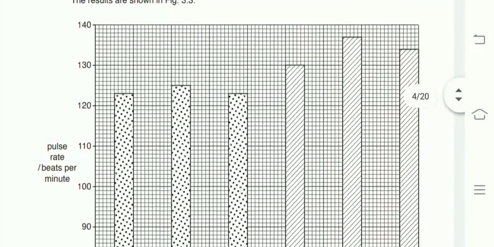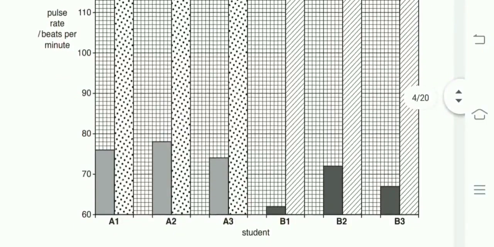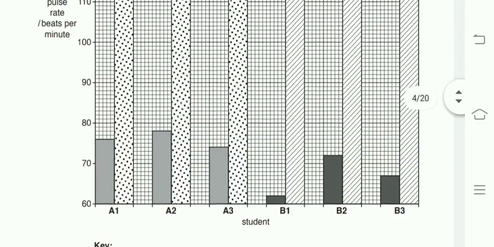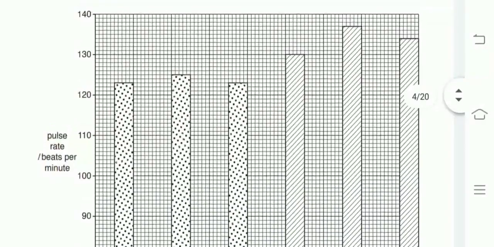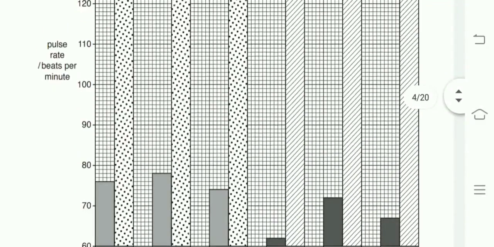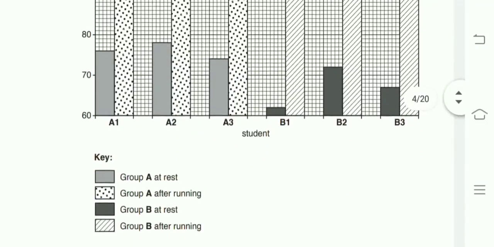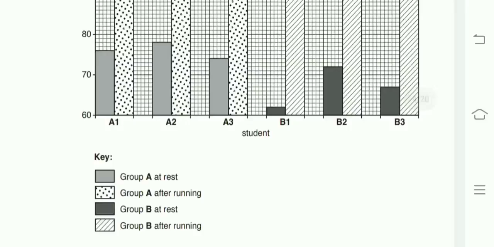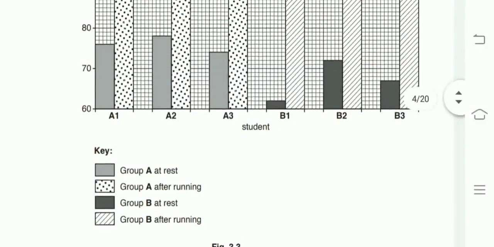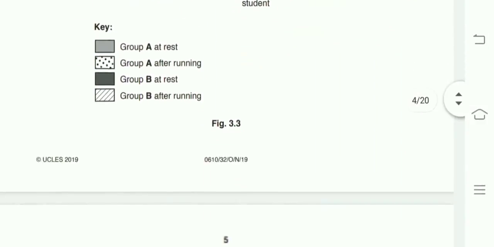So the results are shown below. It's A1, A2, A3, B1, B2, and B3. Group A at rest, group A after running, group B at rest, and then group B after running.